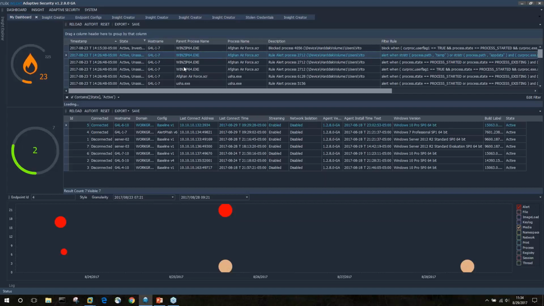Those are all the kinds of things that the logic engine in Adaptive Security is able to alert on, and that's what you see at the top of the screen here. The middle pane is just the endpoint connections I have. Right now I've got 2 endpoints connected on the laptop here, streaming data in, and at the bottom some very basic visualization of what's going on, in this case on endpoint 4.